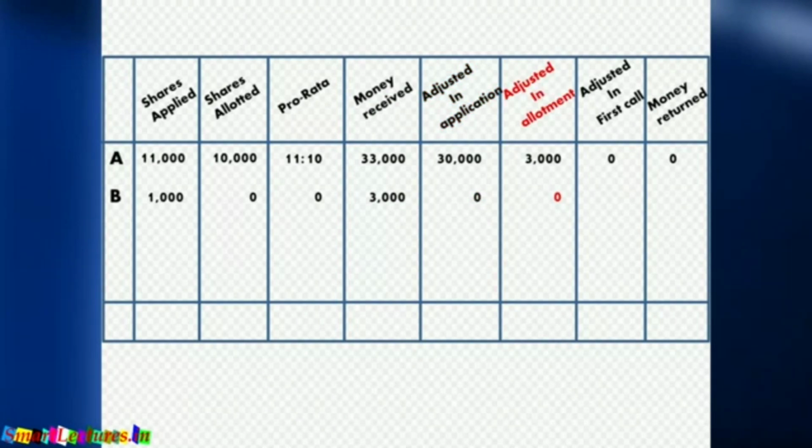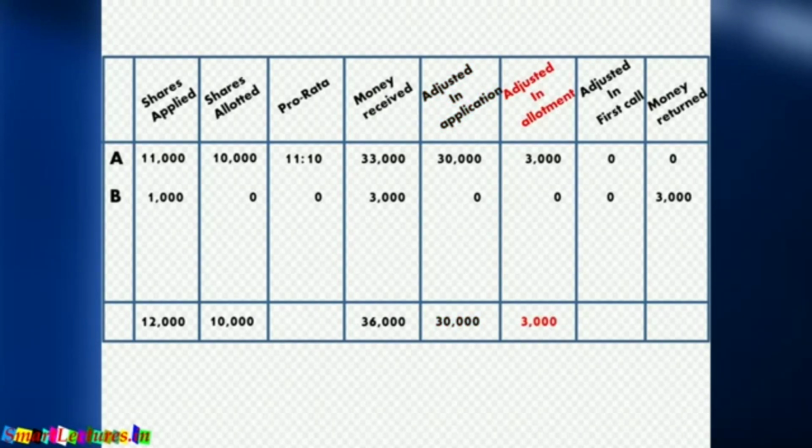Let's make the totals. Shares applied 12,000, shares allotted 10,000, and money received 36,000 rupees. Money for application 30,000 rupees. Money for allotment, which is advance, rupees 3,000. Money for first call, nothing, and money returned rupees 3,000.